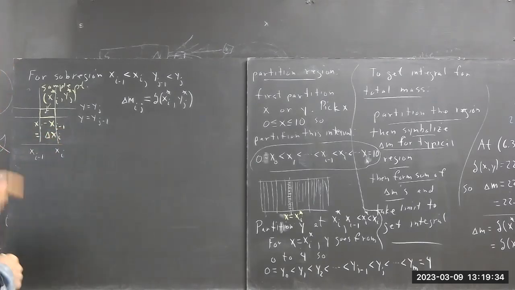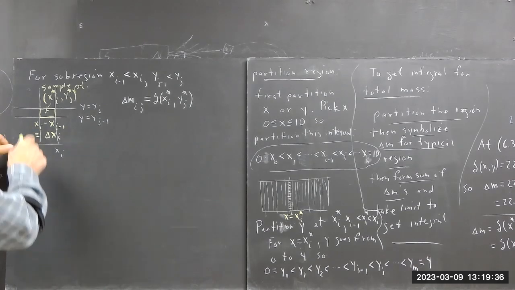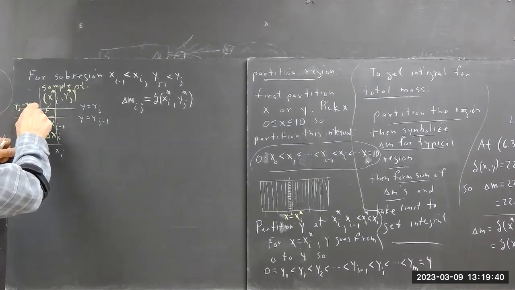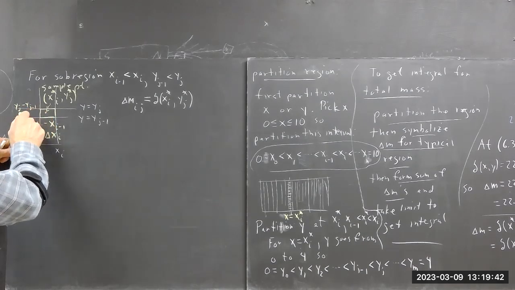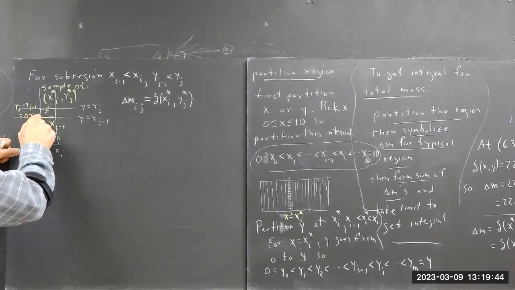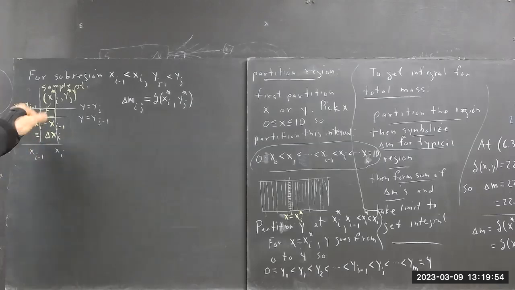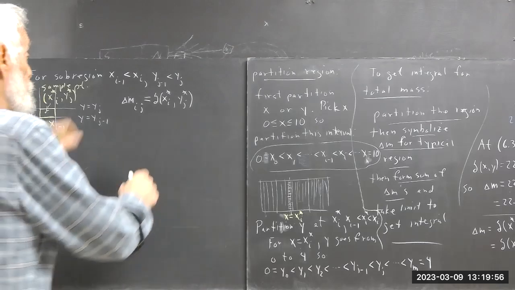That's our definition. And this will be yj minus yj minus 1, delta yj. So understanding what we mean by delta xi and delta yj is width of this interval and height.